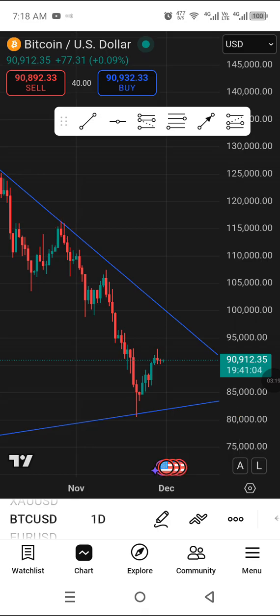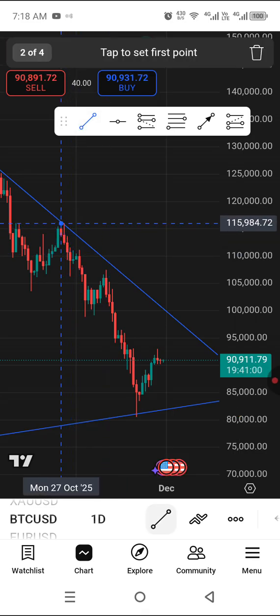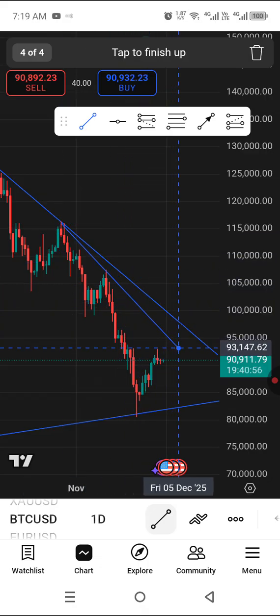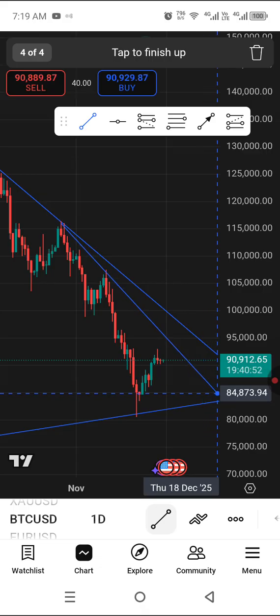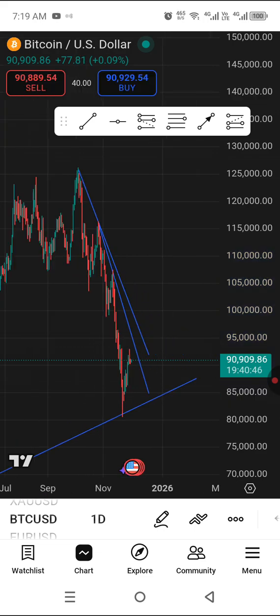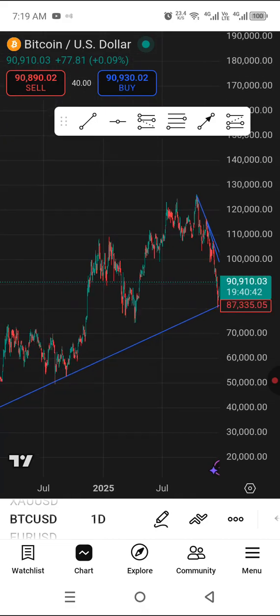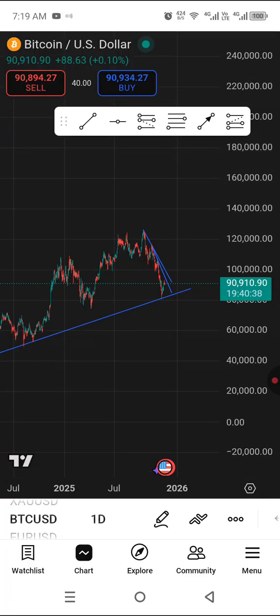So we're going to do another trend line like this. You start from the last point of the previous trend line. Again, you add another one. You can see now we have another trend line again. So it seems now on the daily time frame, we have drawn as many trend lines as possible that is close to the current price.